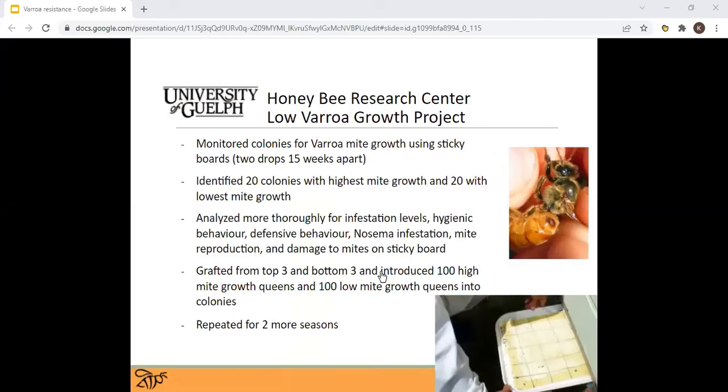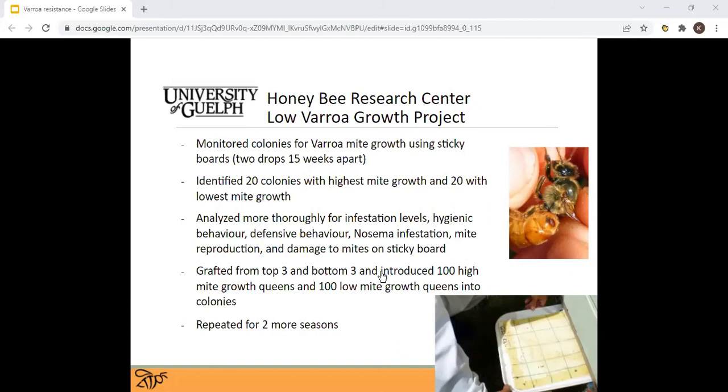So the work that went into developing LVG, as we call it, really came out of a lot of work done by the University of Guelph Honeybee Research Center. Dr. Ernesto Guzman and the research team there have done extensive research into grooming behavior. Through these projects, they noticed that Varroa growth rates correlated with Varroa resistance and grooming behavior.